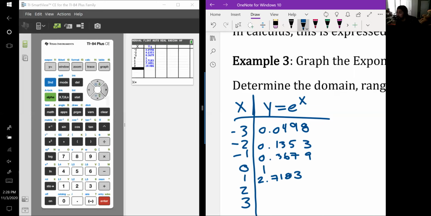Hey, that number looks familiar because that's e to the first power, which is just e, which is just itself. 2.718, yada, yada, yada, right? And then 2, 7.3891. And then 20.086. Okay, perfect.